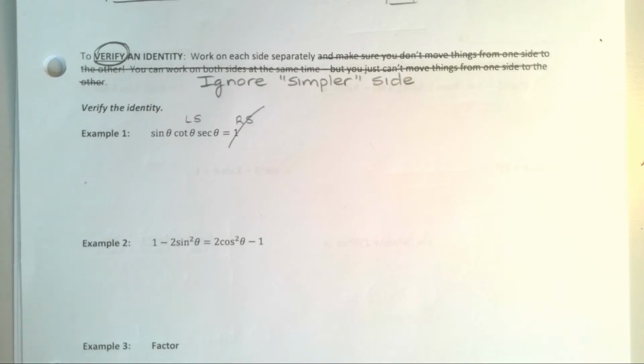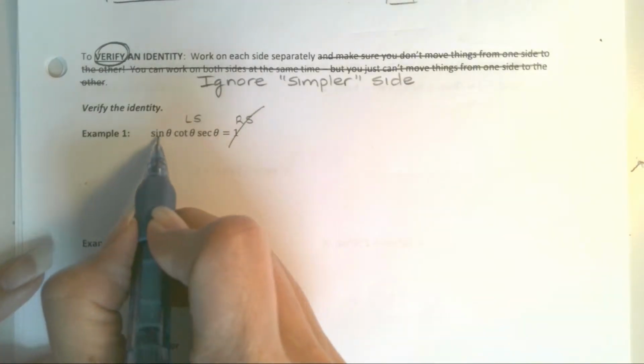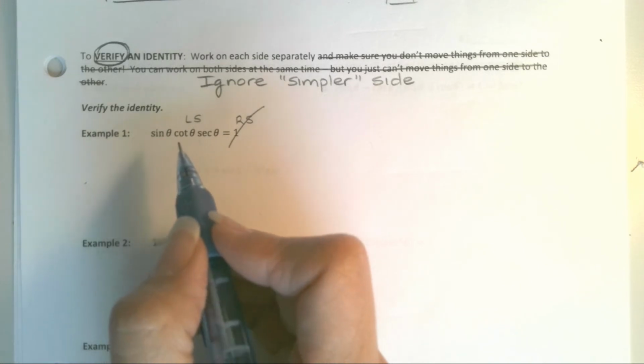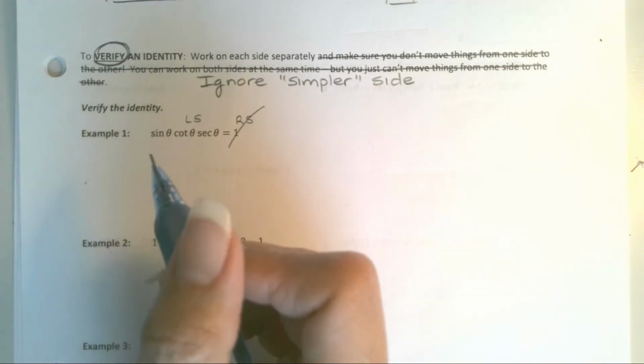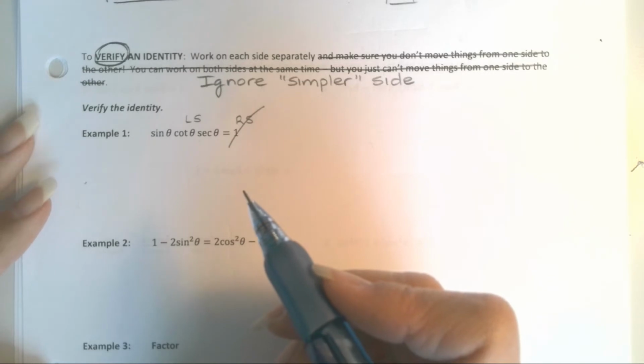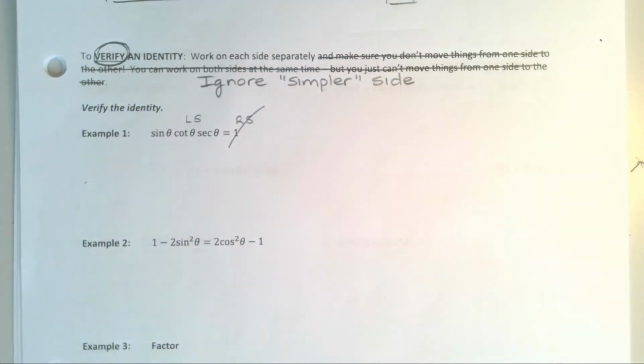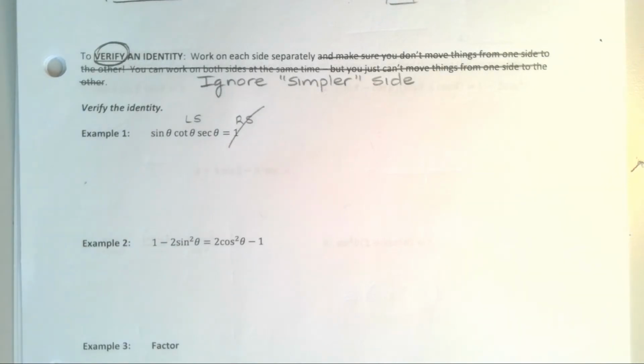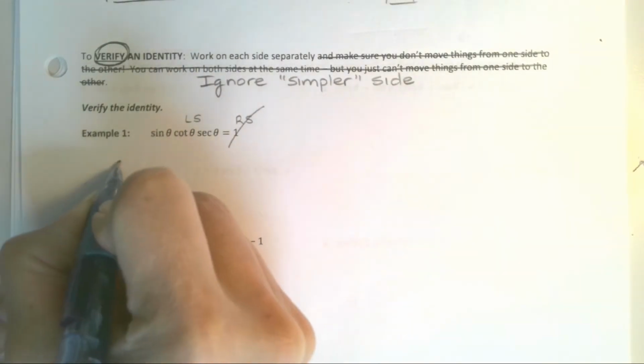Now what you were ignoring is actually your answer key, for lack of better words. So your goal is you're going to work on the left-hand side, break it down, and your answer must equate what you just finished ignoring. So it's as if the answer was in the back of the book and you had this as a problem and you're like, oh, okay, my answer is 1. I need to work it out and make sure I end up with a 1. That's what verification means.